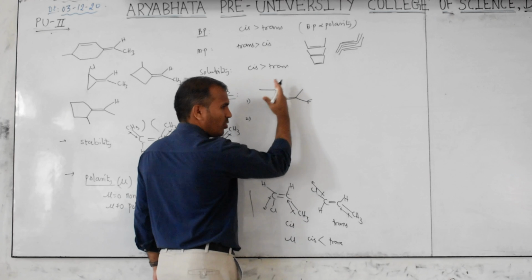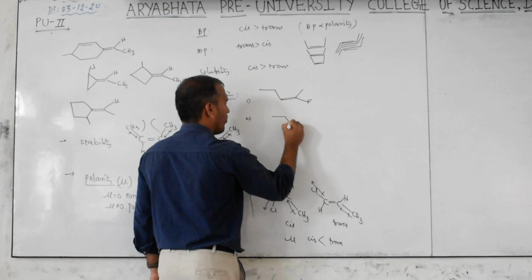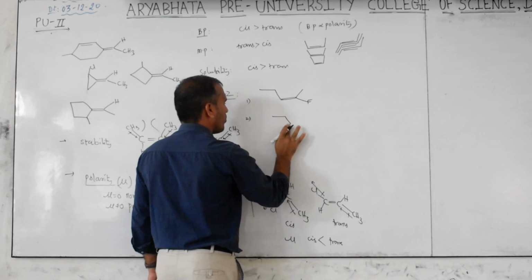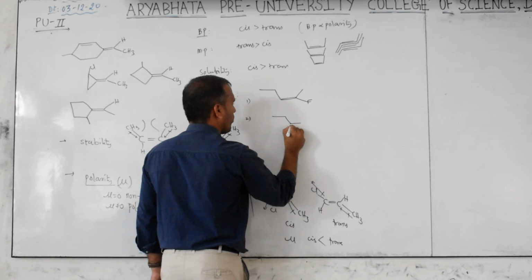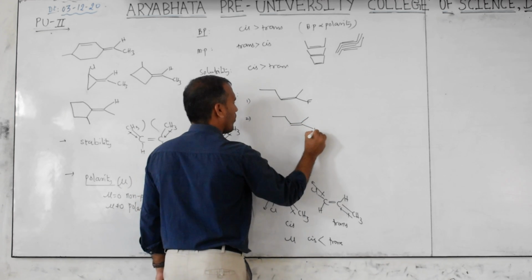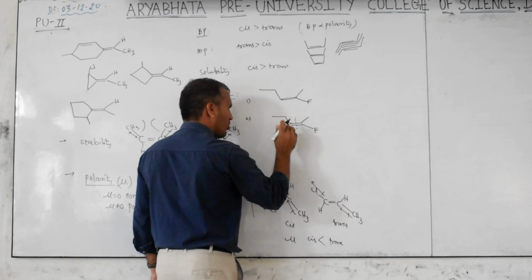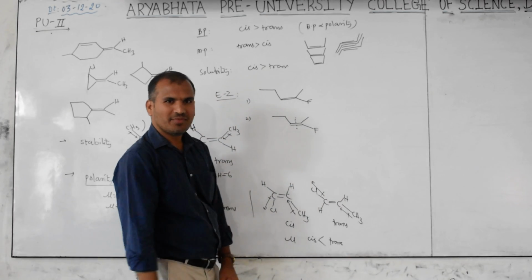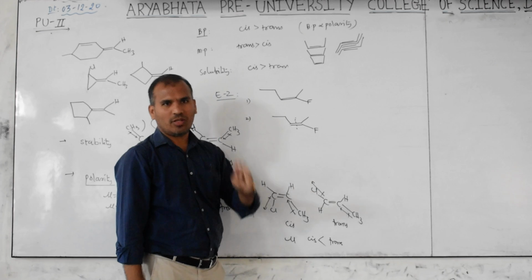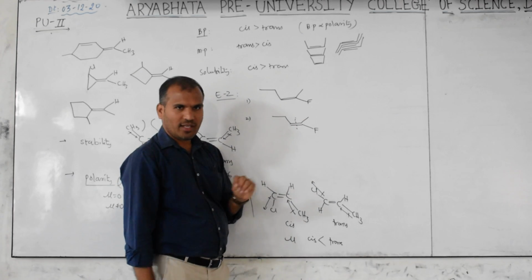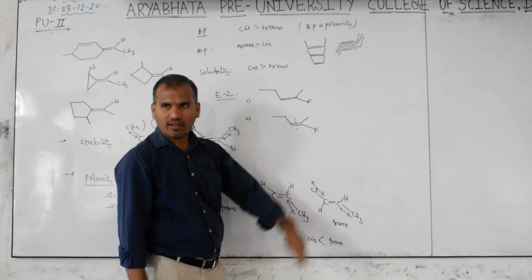Second one. Divide this molecule into two halves, only in mind, don't do it on paper. This dotted line you have to do in mind only. Two halves are there: left side half, right side half.